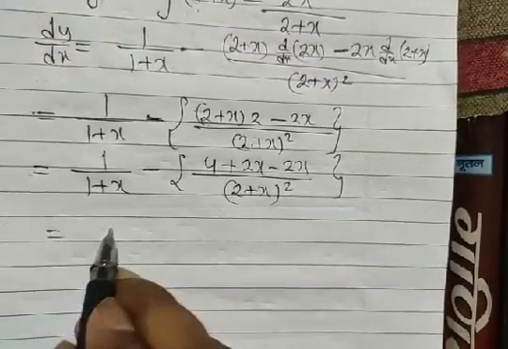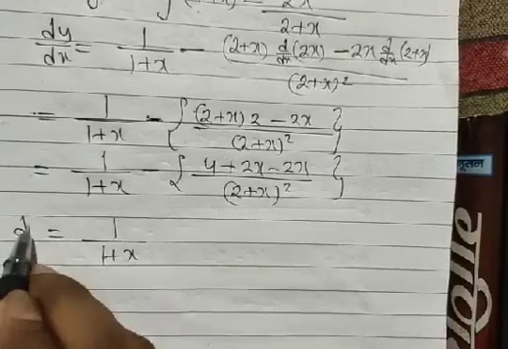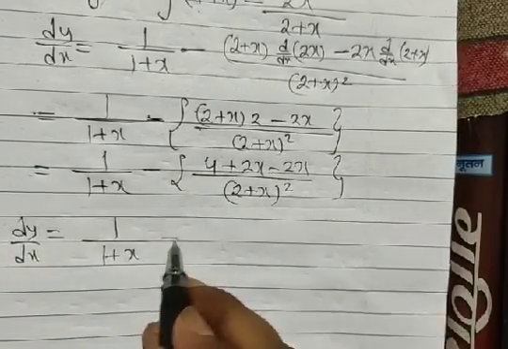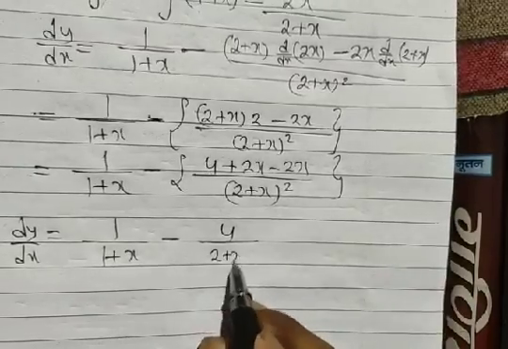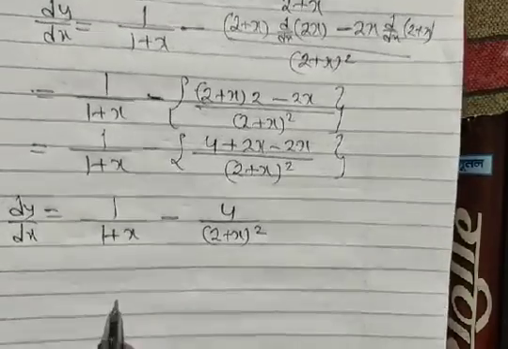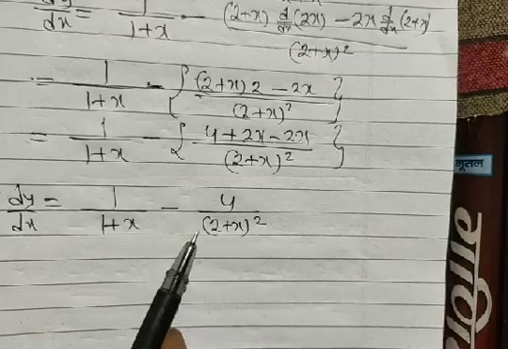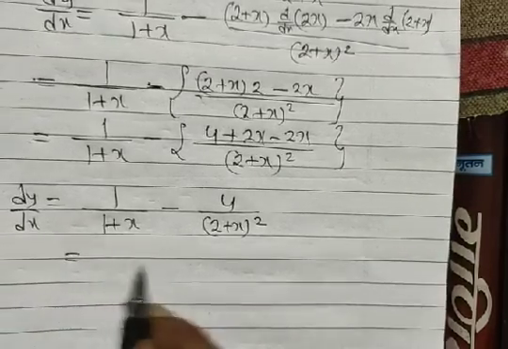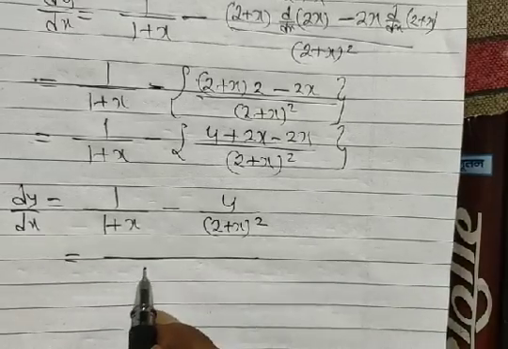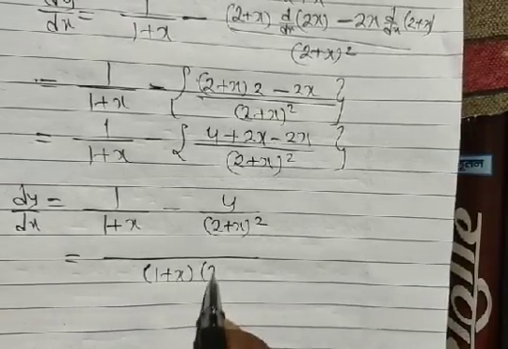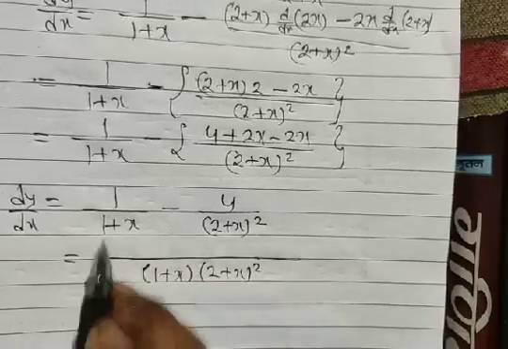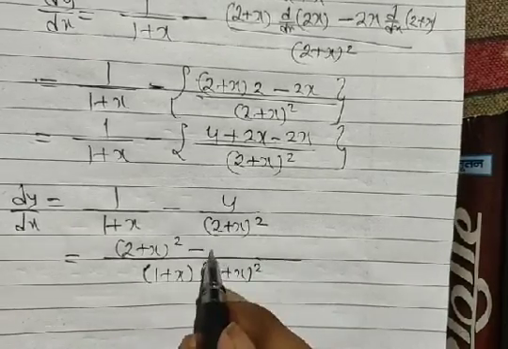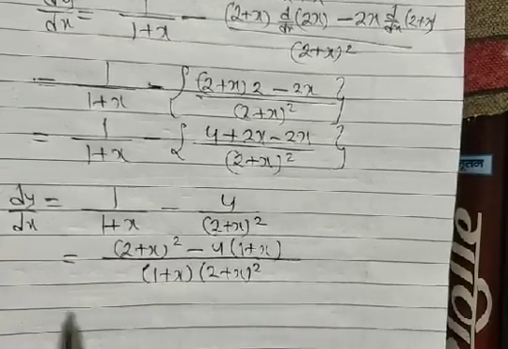Now we have 1 upon 1 plus x for dy dx. These cancel out, then we have minus 4 upon 2 plus x whole square. Now we are going to solve it further, taking the LCM. The LCM is 1 plus x and 2 plus x whole square. Here we get 2 plus x whole square, and here minus 4 into 1 plus x.